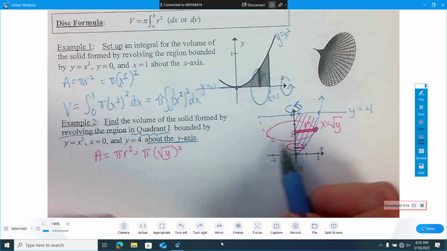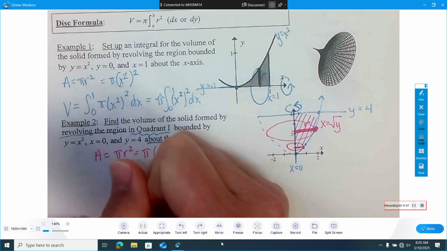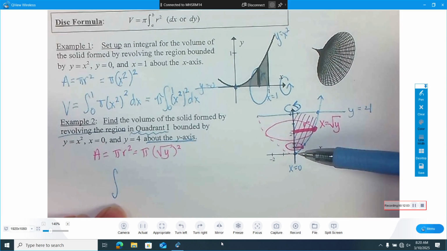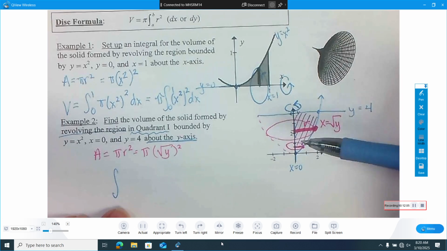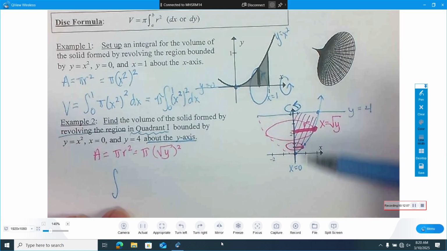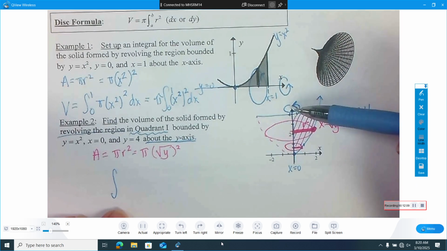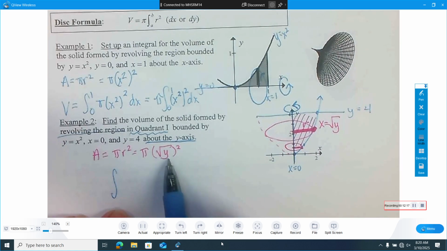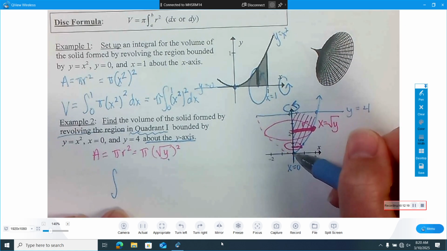All right, so there is our little shape for the area. Now if we take all of these disks and we integrate them, what are our upper and lower bounds on our integral? So we're going from the bottom all the way to the top of our shape, okay? Yeah, so not from -2 to 2, that would be in terms of x. We want everything in terms of y.